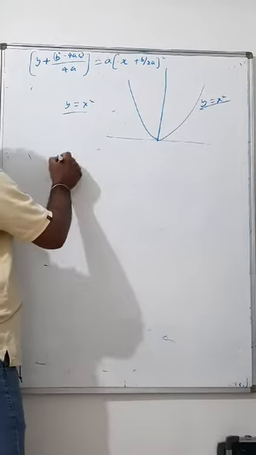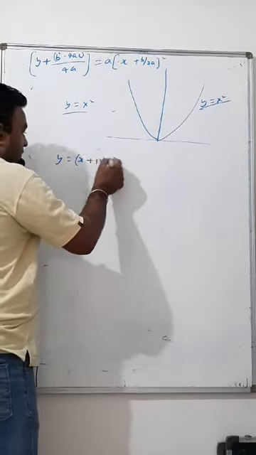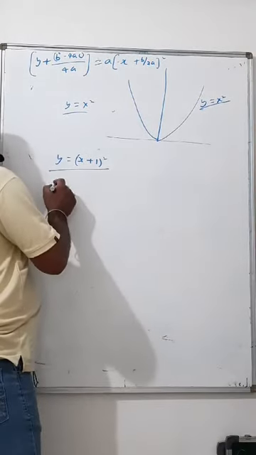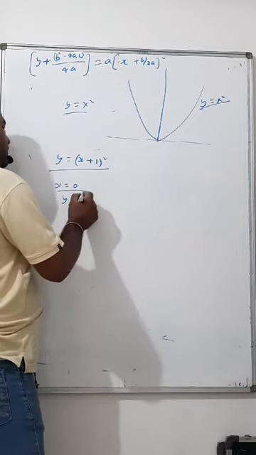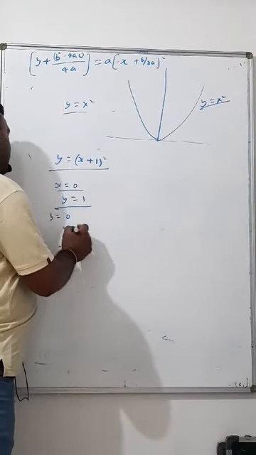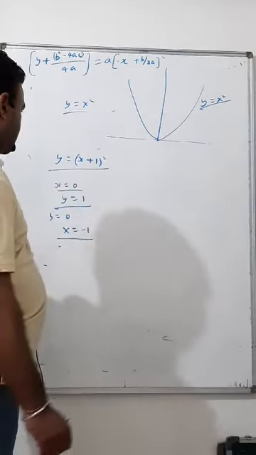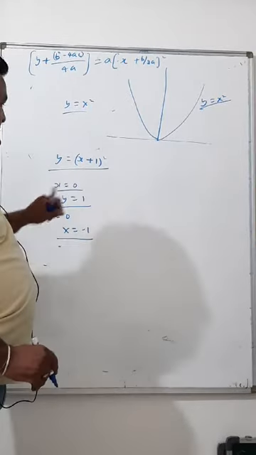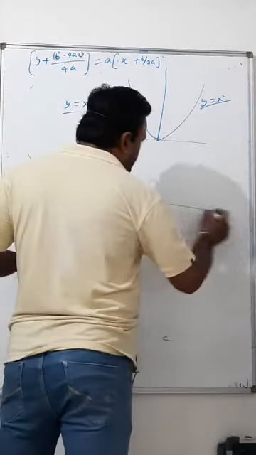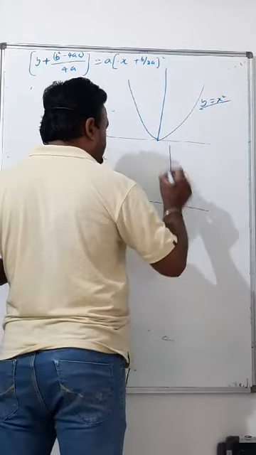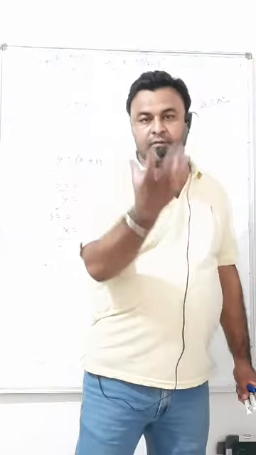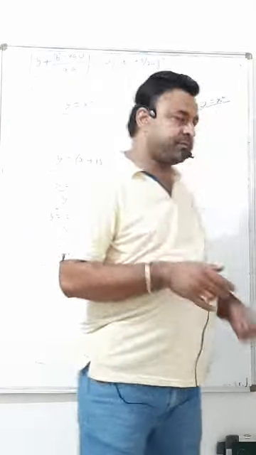Now I do what? y equals x plus 1 whole square. Then at x equal to 0, y is equal to 1, and y is equal to 0, x is minus 1. That means, first of all, this is x plus 1 whole square, the graph will be opening upwards.